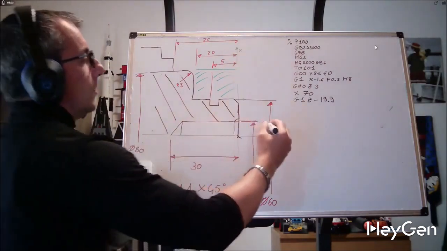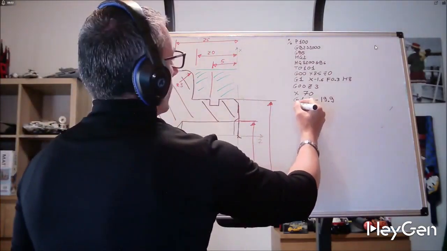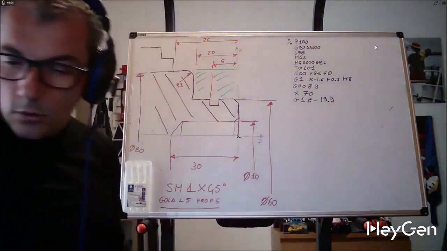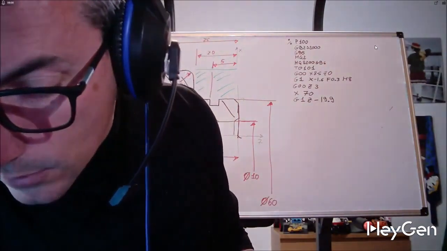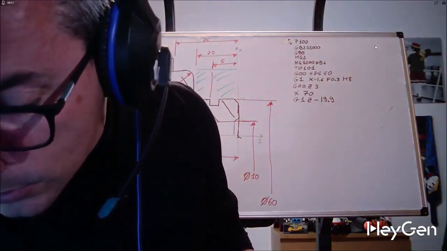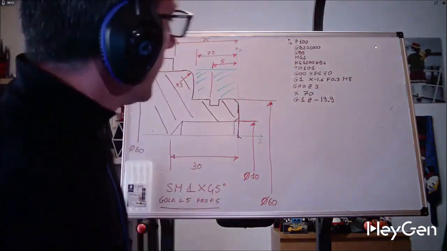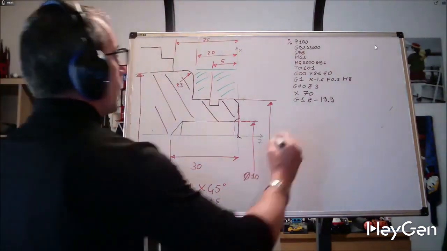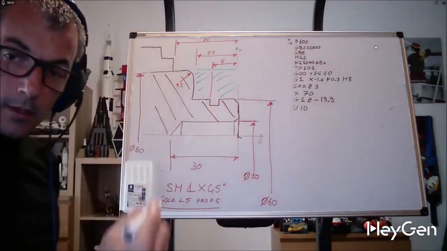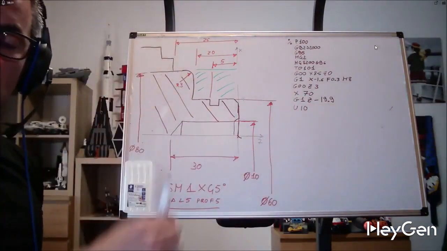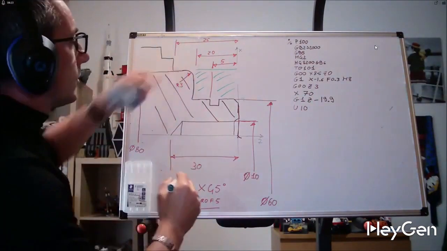Excuse me a second, I never remember if U refers to X or V. So here I can use U10. Do you remember? Incremental. In X, I raise by 10 mm, so I go back to 80.